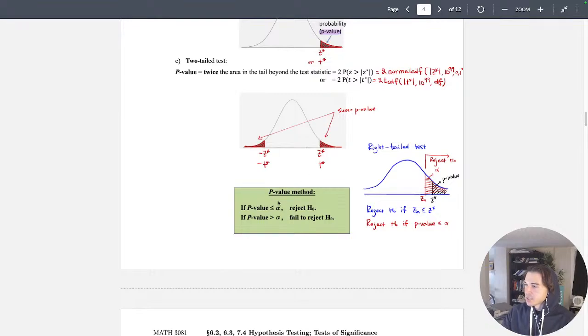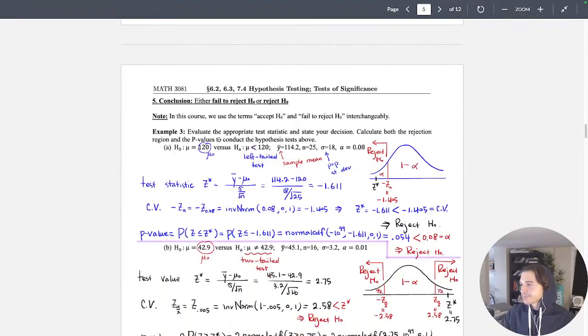And then you compare this to the significance level, to the alpha. If the p-value is less than or equal to alpha, reject the null hypothesis. If the p-value is greater than alpha, you fail to reject the null hypothesis. And that's just saying, is this statistically significant past my threshold? And if it is, then we accept our alternative hypothesis.